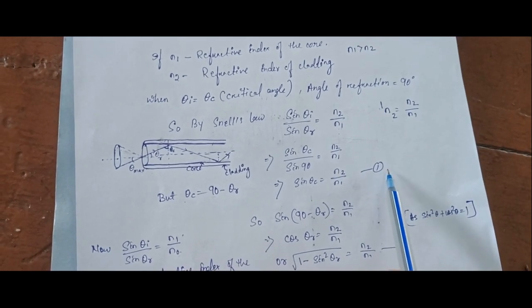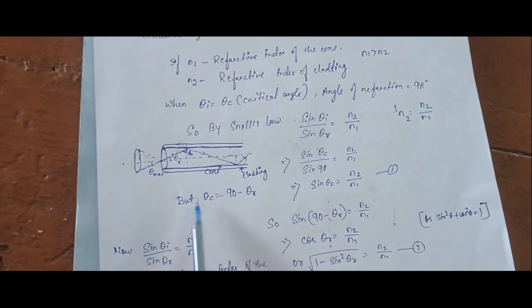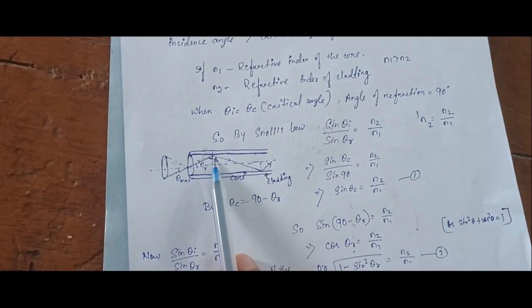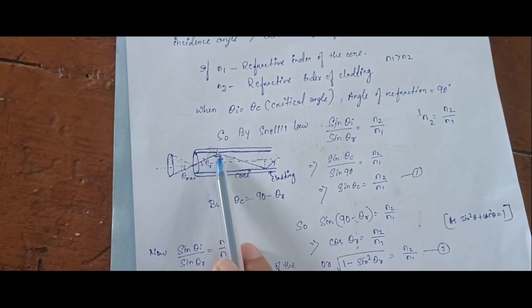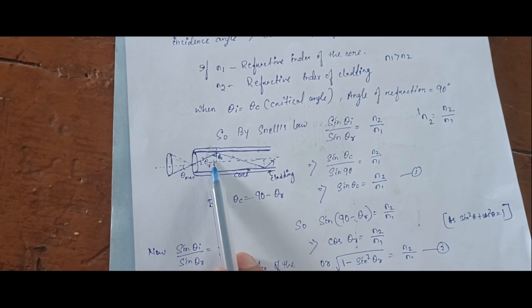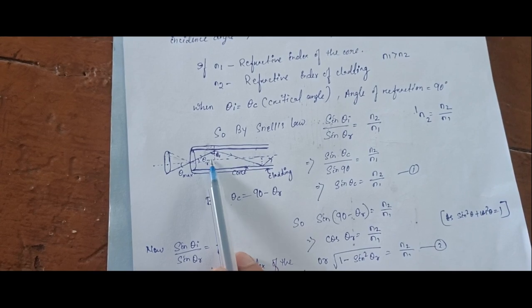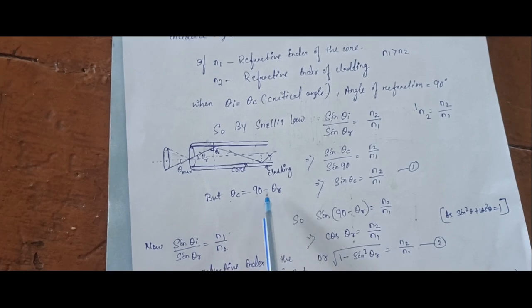Now in this diagram, this is theta r and this is theta c, and at the interface there is a normal drawn here. As it is a right angle triangle, this angle is 90 degrees, so theta r and theta c sum to 90 degrees. That's why we can write theta c is equal to 90 minus theta r.